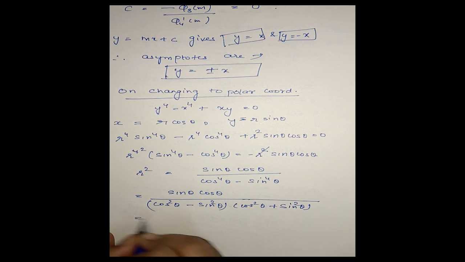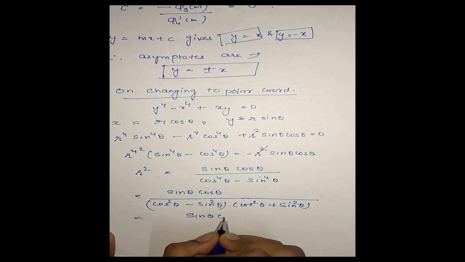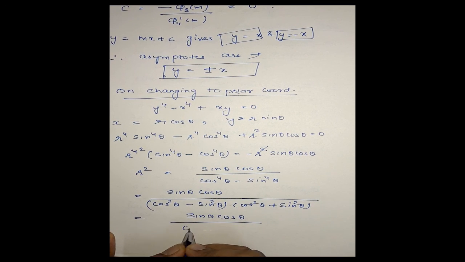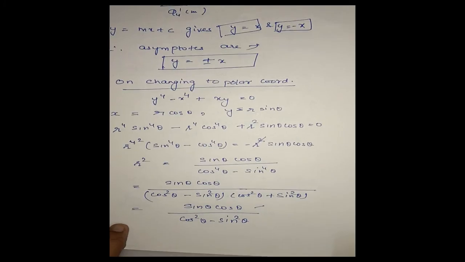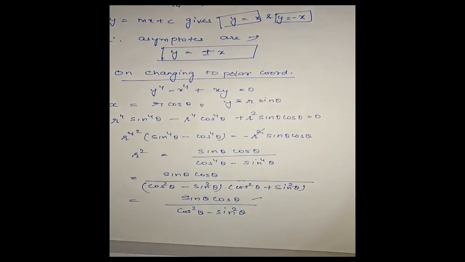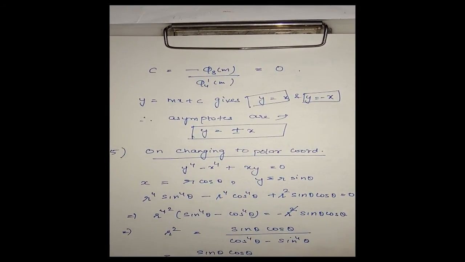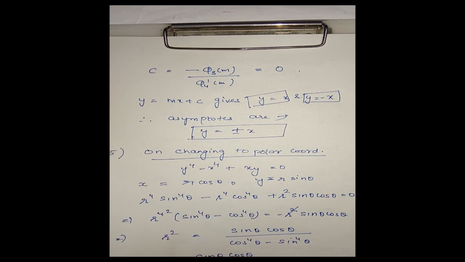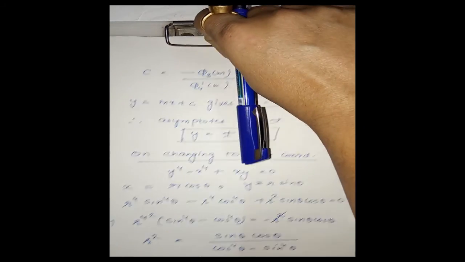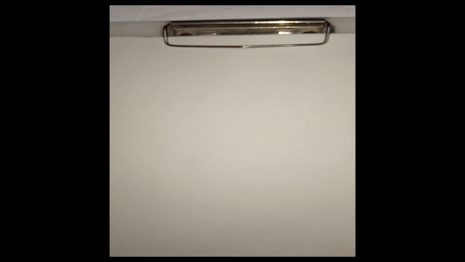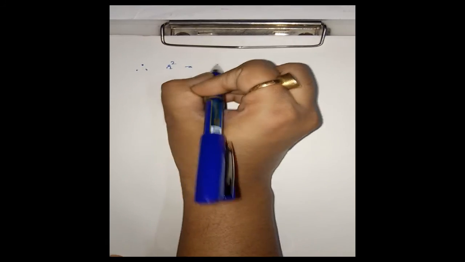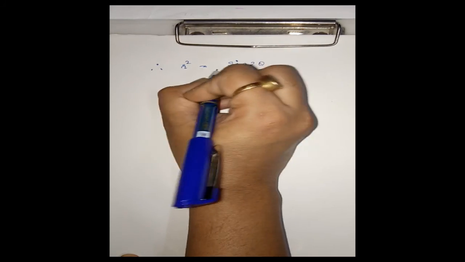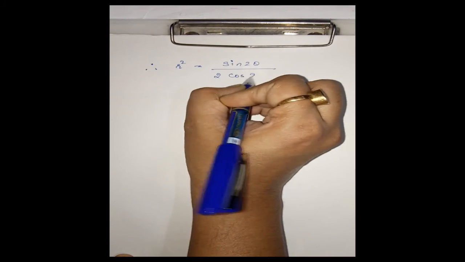We know this. Therefore, this is sin θ cos θ divided by (cos²θ − sin²θ). Now, sin θ cos θ is sin 2θ divided by 2, and cos²θ − sin²θ is cos 2θ. Therefore, r² = sin 2θ divided by 2 cos 2θ.